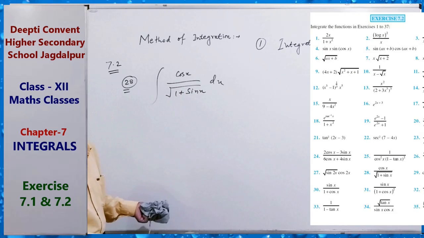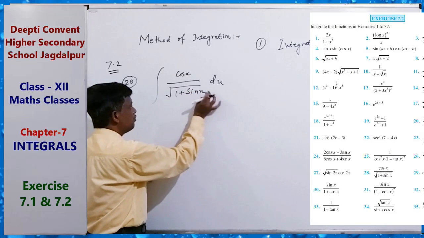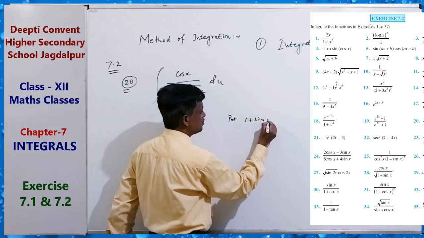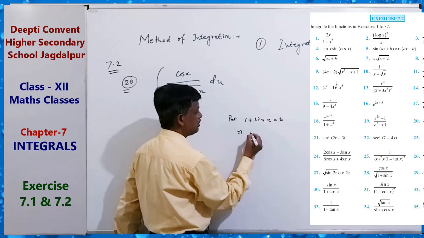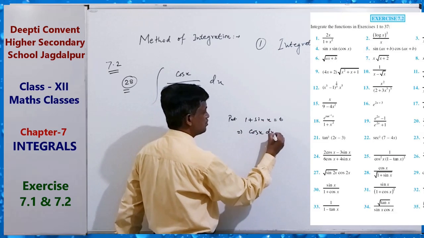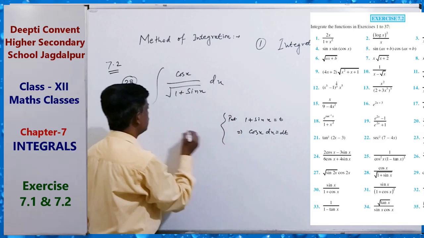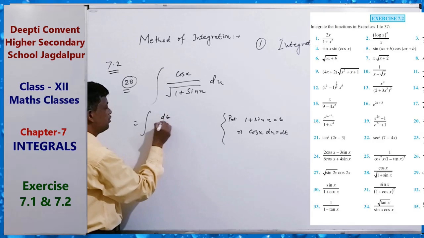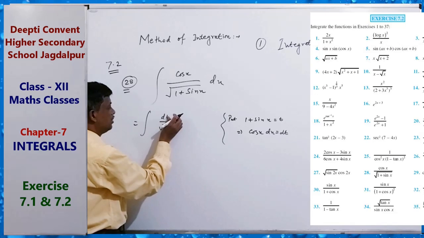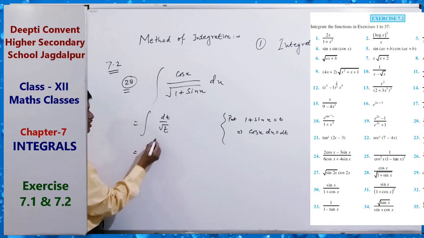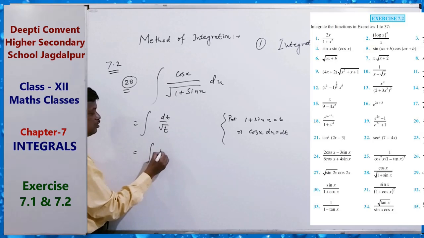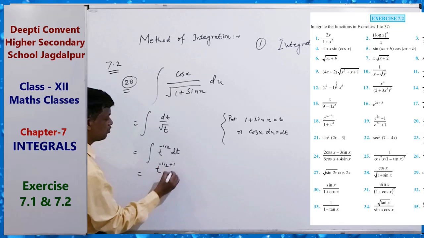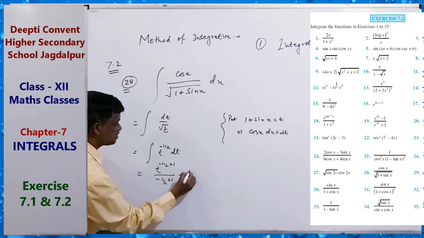So this will be completely t. So put 1 plus sin x equals t. So we get cos x dx equals dt. So this is equal to dt upon root t. Solve it. t to the power half means t to the power minus half dt, equals t to the power minus half plus 1 upon minus half plus 1, plus c.